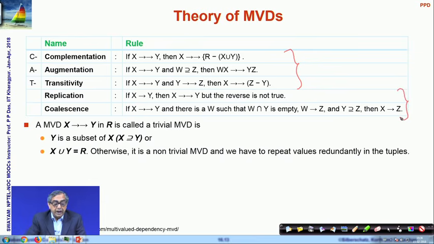The other 2 rules, the replication rule and the coalescence rule, involve the relationship between multi-valued dependency and functional dependency. We are not going deeper into that, or taking specific examples to show how they work. I just want you to know that such rules exist, through which you can define similar algorithms for multi-valued dependency also, as we did for functional dependency.